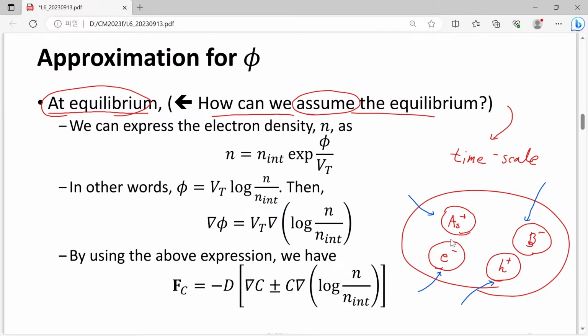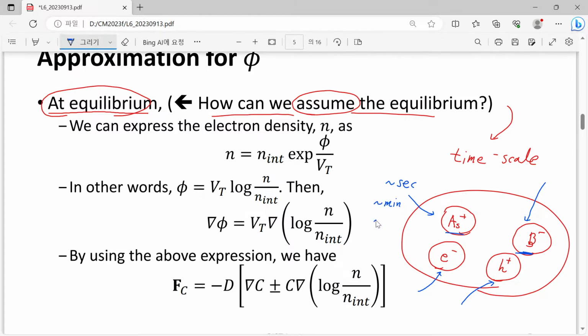Although we are trying to move these atoms, its time scale is like seconds, minutes or hours. And how about the time scale of the movement of electrons?